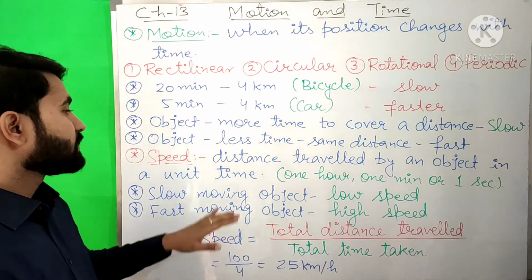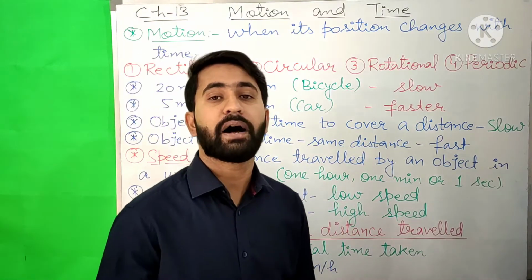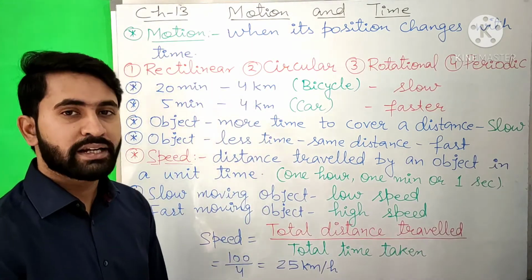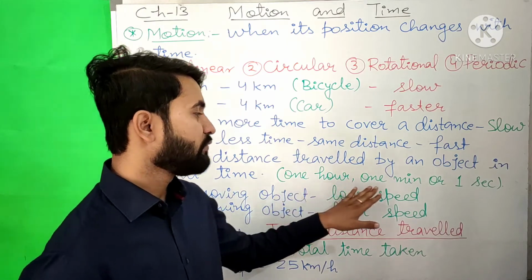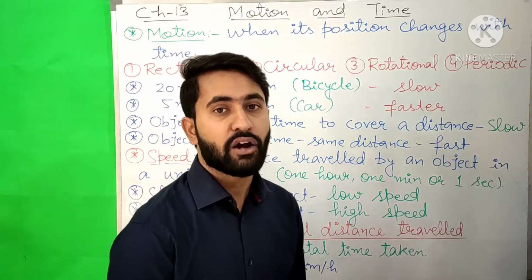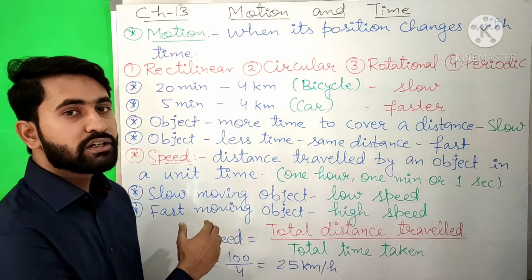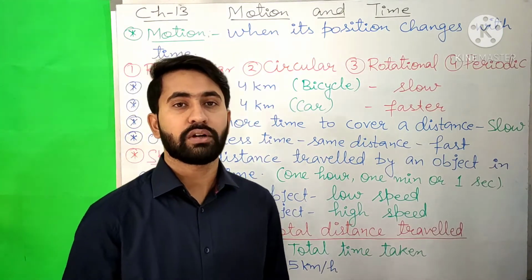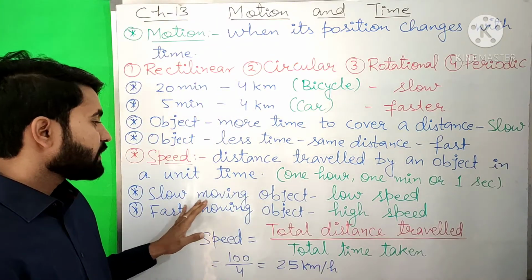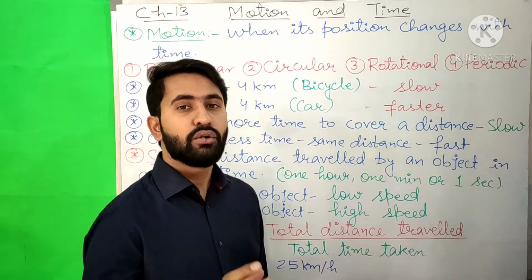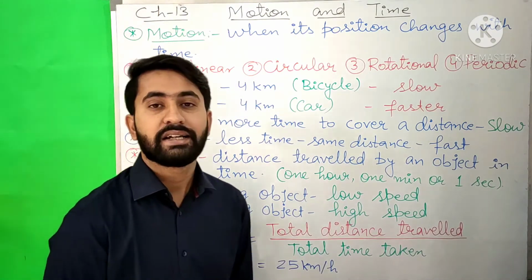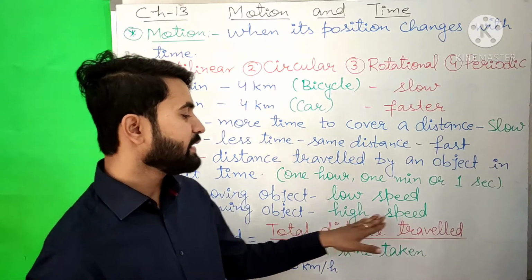Speed means the distance traveled by an object in unit time. This unit time can be 1 hour, 1 minute or 1 second. So whatever distance an object travels in the unit time, it is known as its speed. A slow moving object is said to have a low speed, whereas a fast moving object is said to have a high speed.